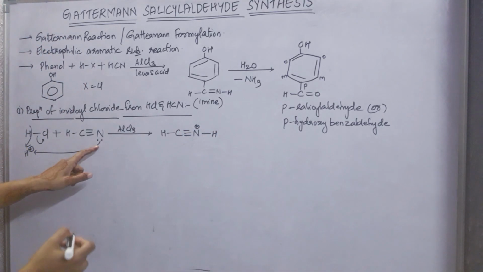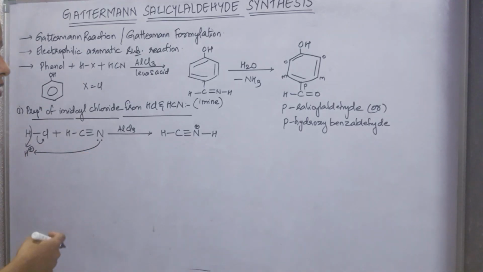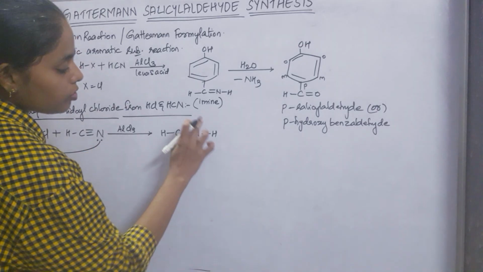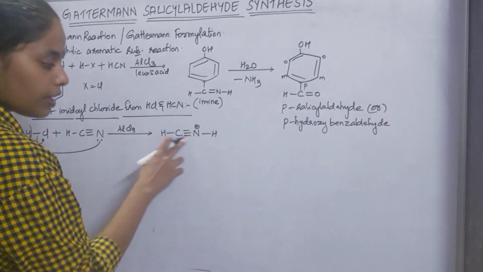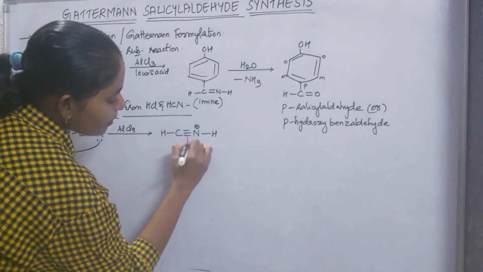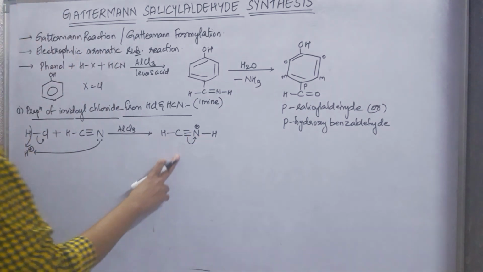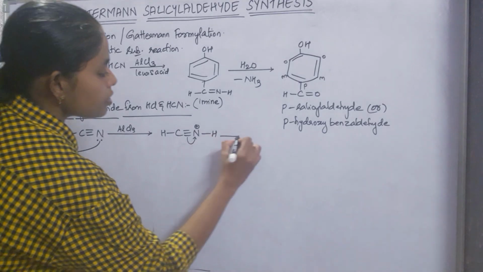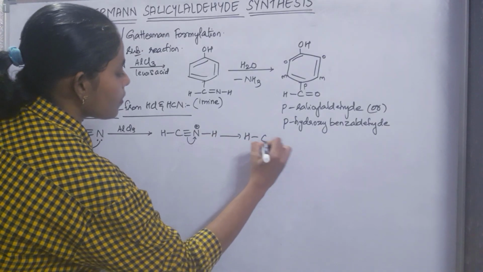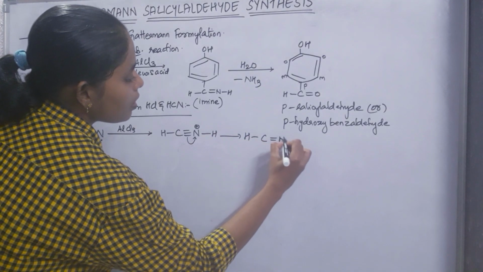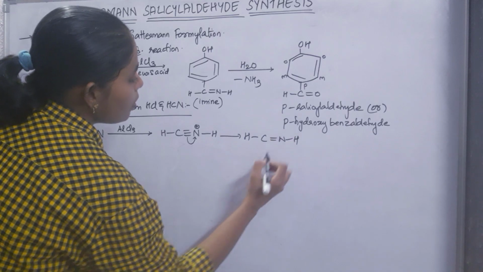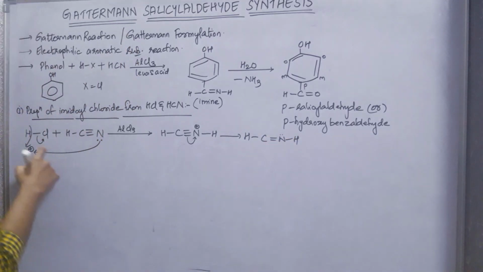As it shared its electrons, this nitrogen gained a positive charge. Now as this is a more electronegative group than this carbon, it will take the electrons from carbon, leaving this carbon positively charged. Now this positively charged carbon will form a bond with the negatively charged chlorine.